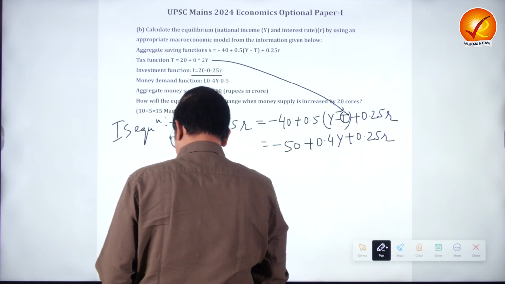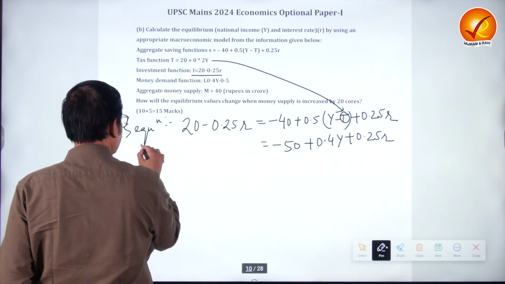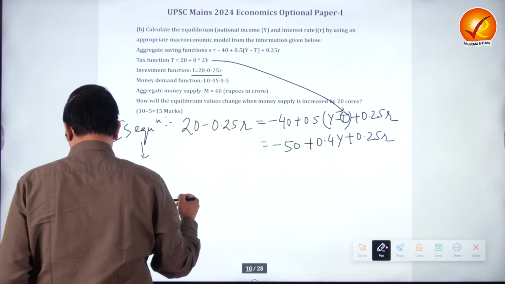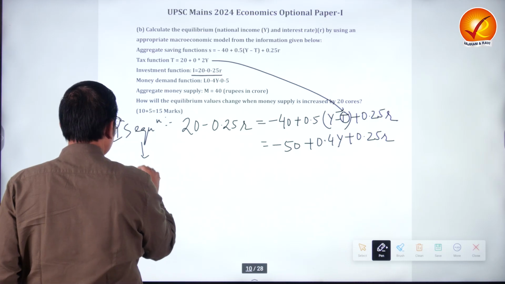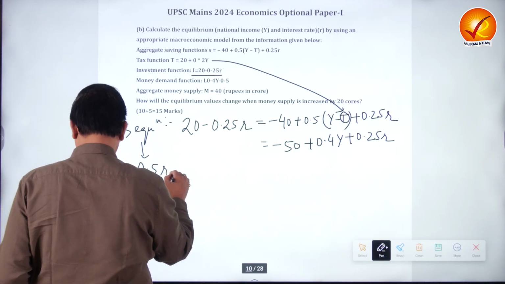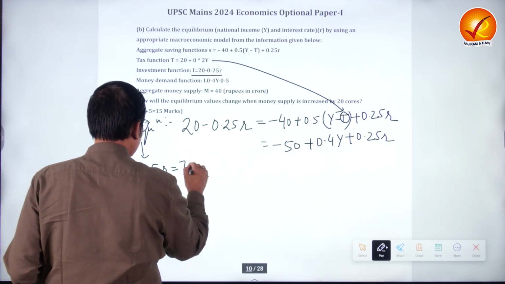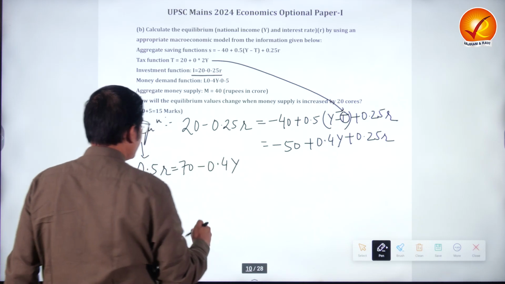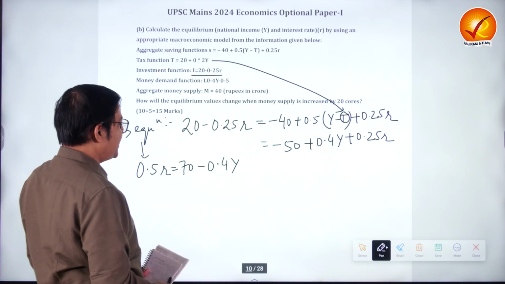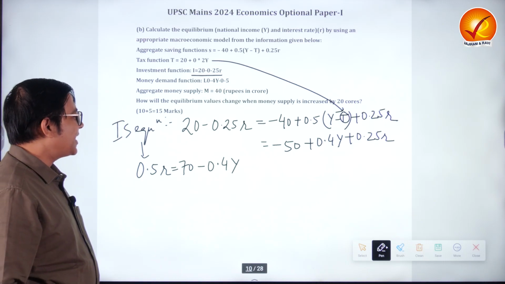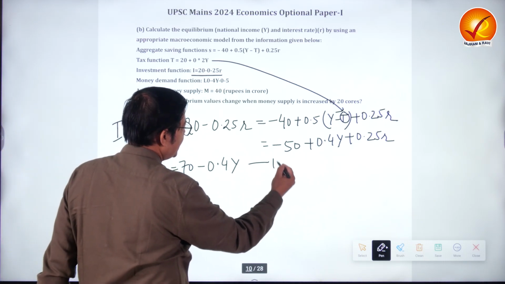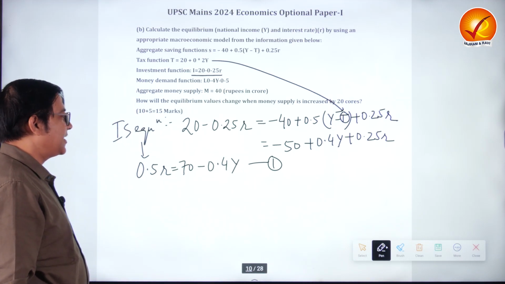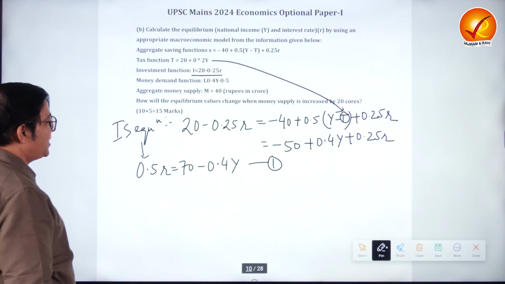And then when you simplify that, finally the equation of IS should come out to be, after rearranging that, something like this: 0.5R equal to 70 minus 0.4Y. What you can also do, take 0.5 to this side, but actually it hardly matters. Why am I telling that? Because even LM curve will come in such a manner. So we'll leave it here.